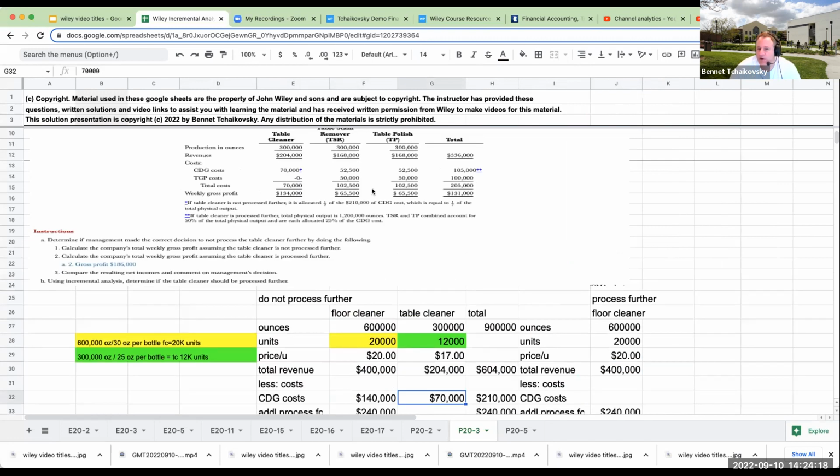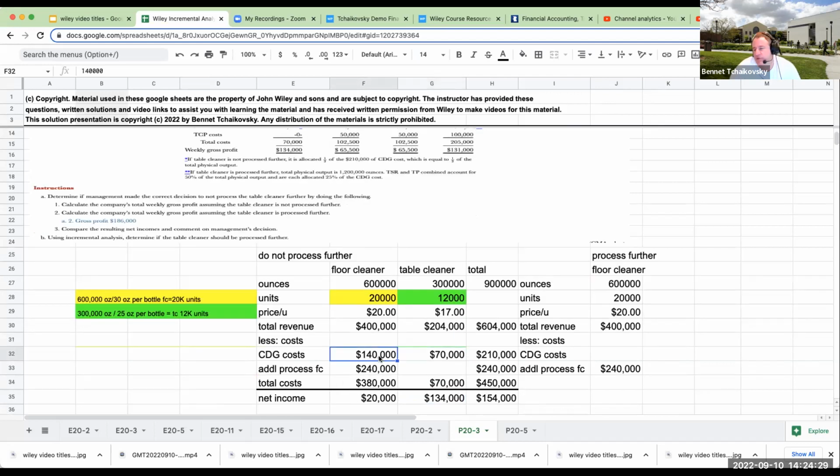So what you're seeing here is they're not really comparing apples to apples, right? They're basically reallocating the cost, which is going to change the amount that's going to be allocated to the floor cleaner. So the floor cleaner is not going to change.